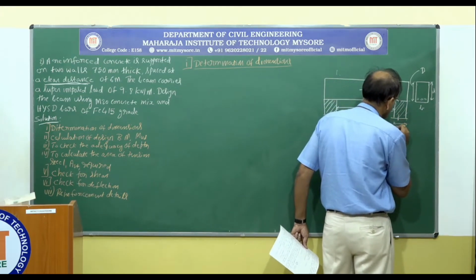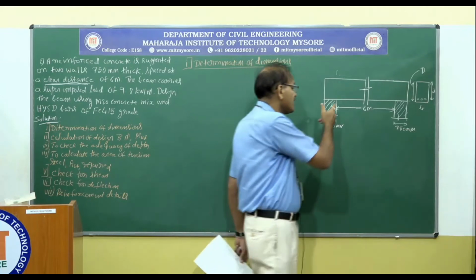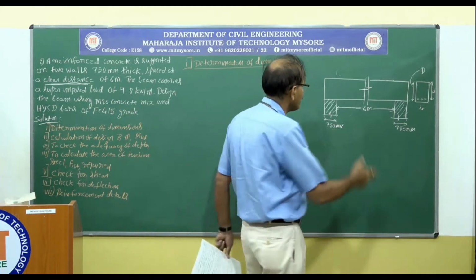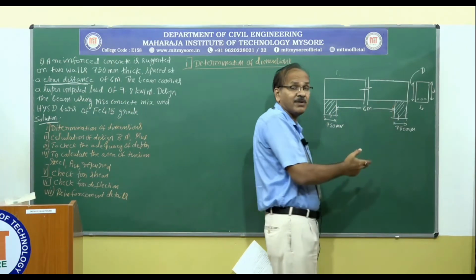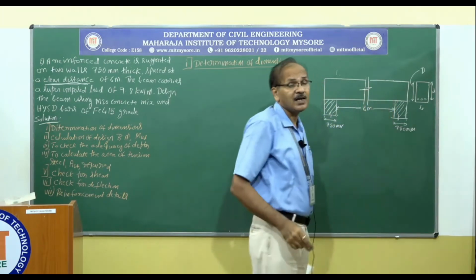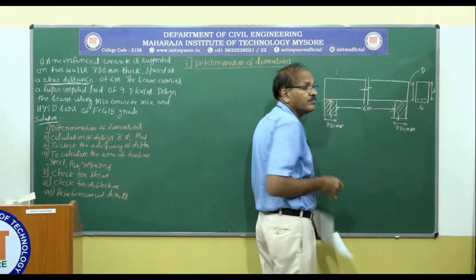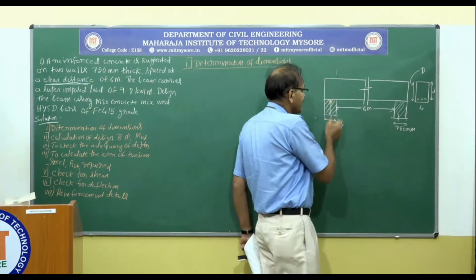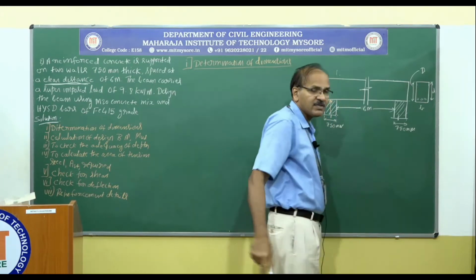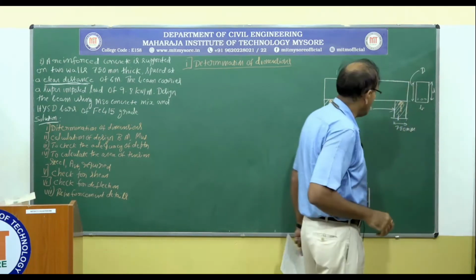And the width of the support on each side is 750 millimeter. So clear span, or whatever the problem says, a clear distance between two supports is 6 meter. That is measured from inner face of one support to the inner face of the other support. And the resulting reaction on this support is going to be acting exactly in the midway of 750 millimeter. Similarly on this side.